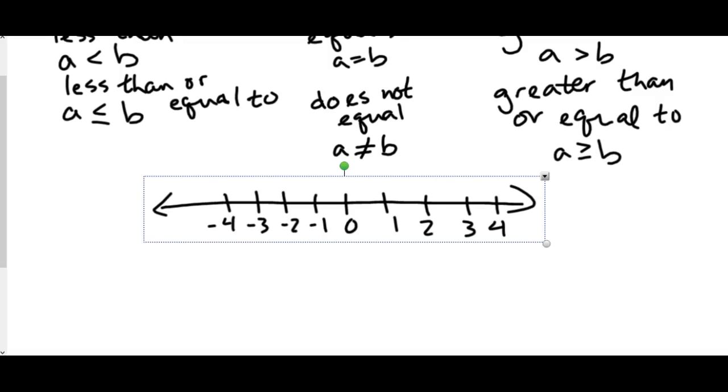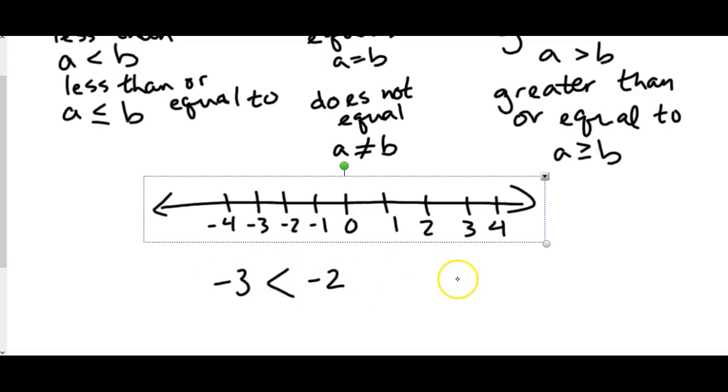So for example, if we were comparing -3 to -2, since -3 is further to the left on the number line, it is smaller than -2. It is less than, which is weird because we know 3 is bigger than 2. So that weirds us out. But when they're negatives, -3 is actually smaller than -2.